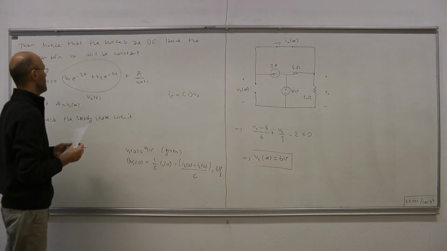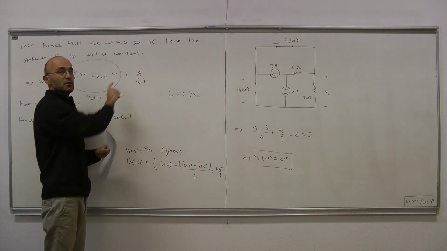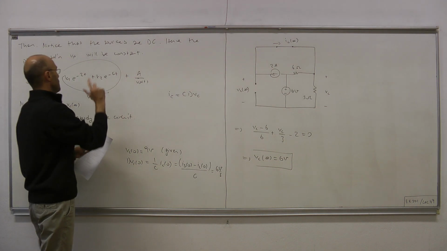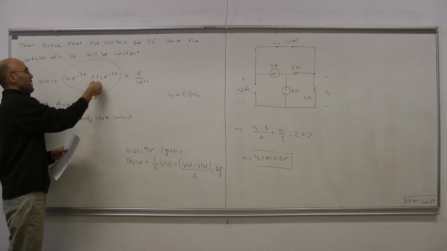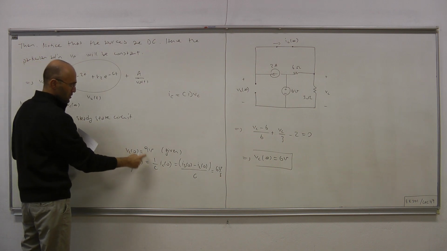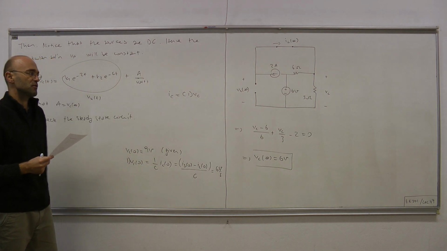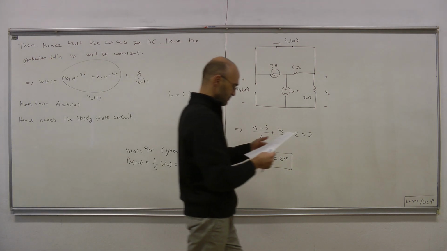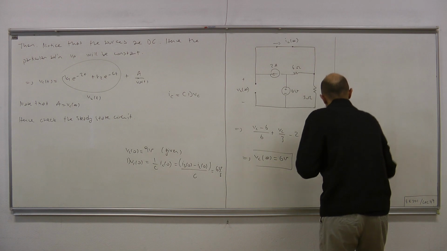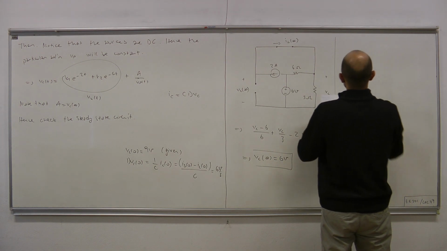And with that, we have now figured out the particular solution. What remains to be figured out is K1 and K2, and for that we're going to use the initial condition constraints: VC(0) equals 9 volts and dVC/dt at 0 equals 6 volts per second. That's the last part of our analysis.